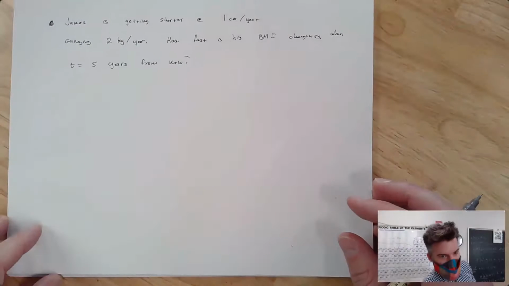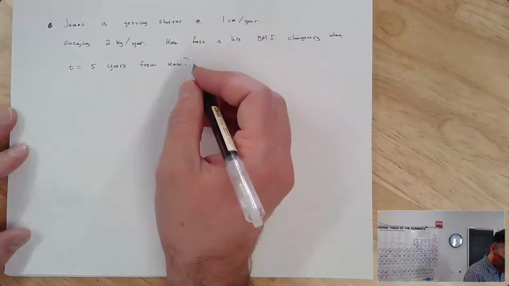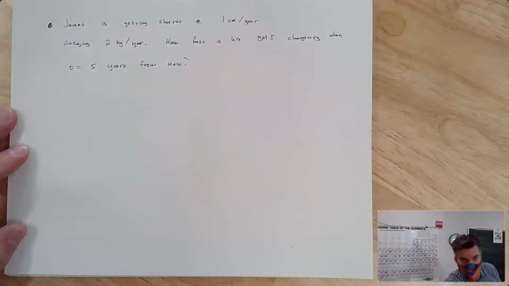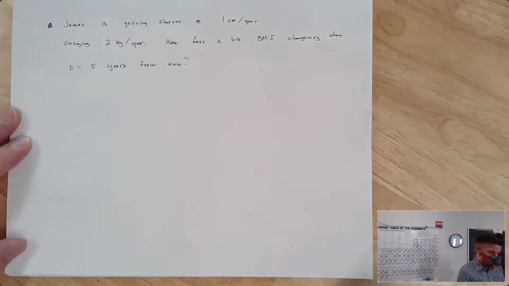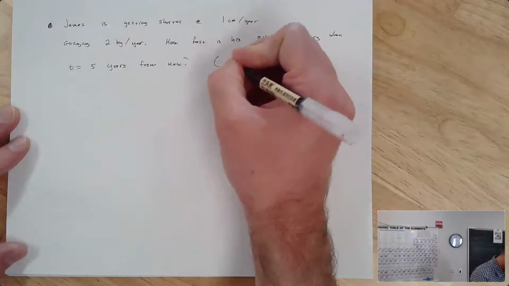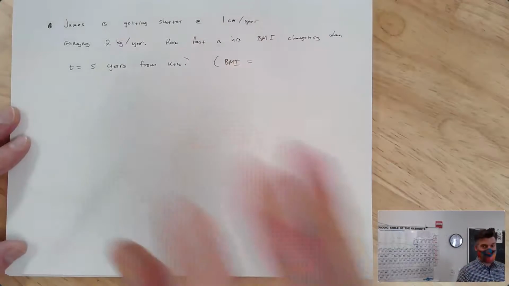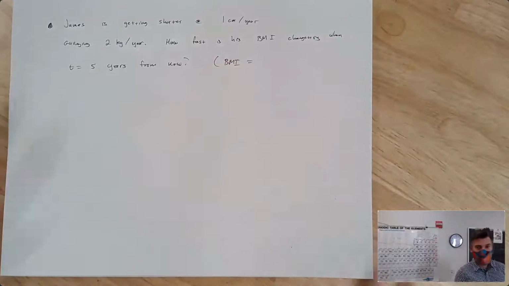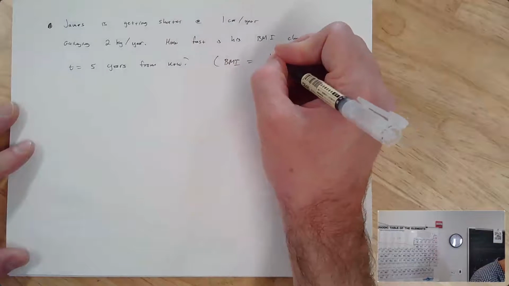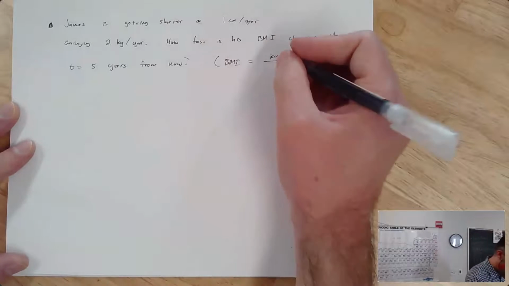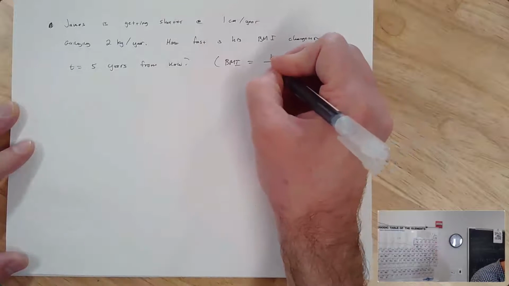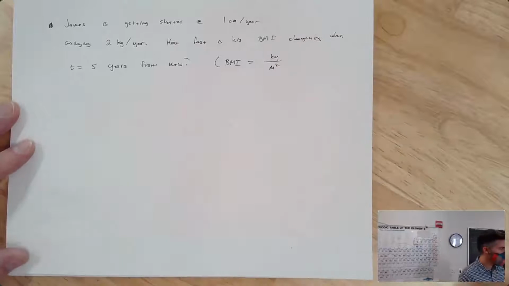So the BMI equation: BMI in the metric system is much easier than in the US system. The BMI is just your weight in kilograms per your height in meters squared. That's your BMI.